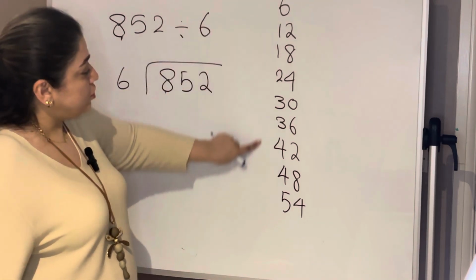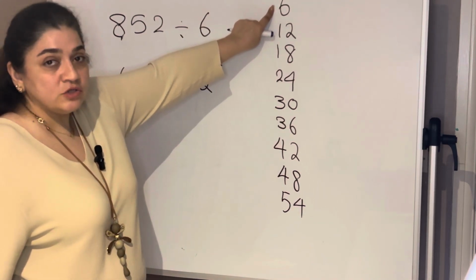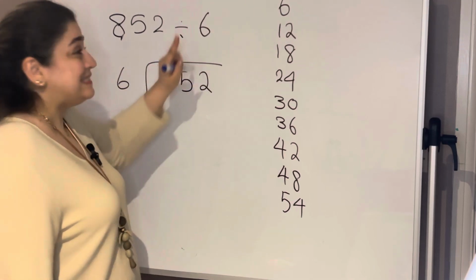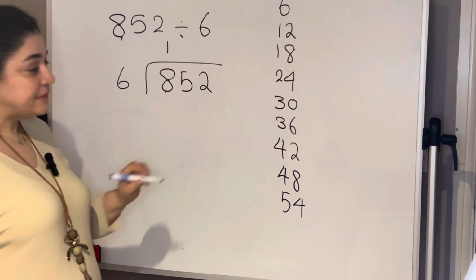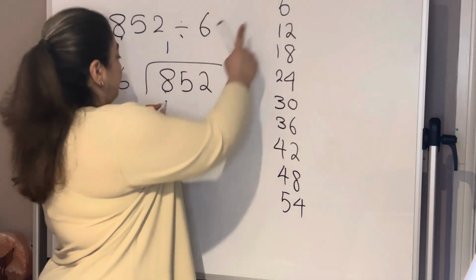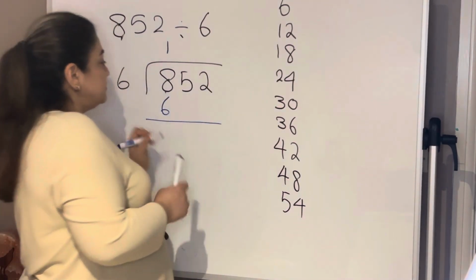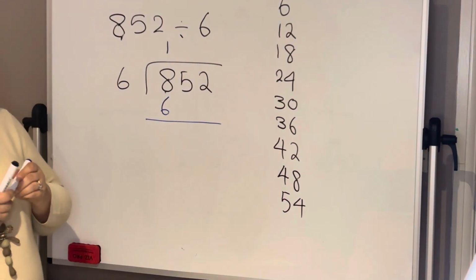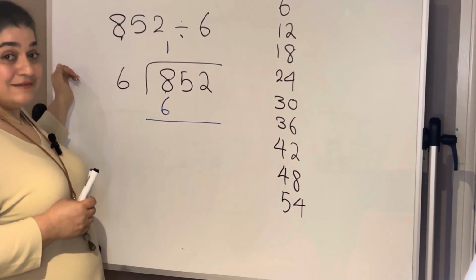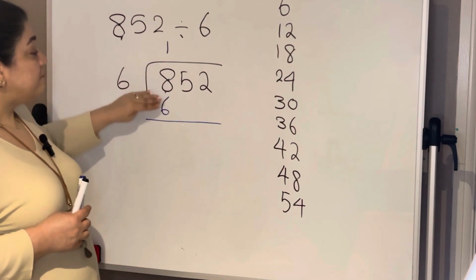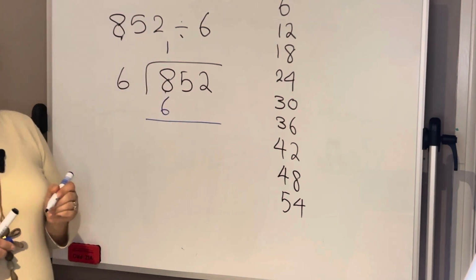Close or equal to the 8. So when you look, it's just the first number, 6 times 1. So you write down 1 here and put this number here. If you remember, for times, we add the numbers at the end. For division, you have to take the number away, okay?